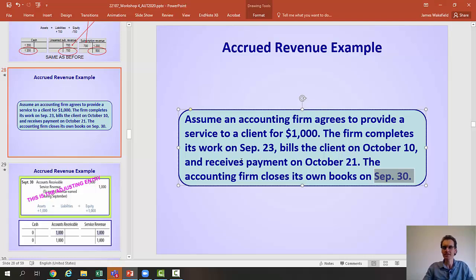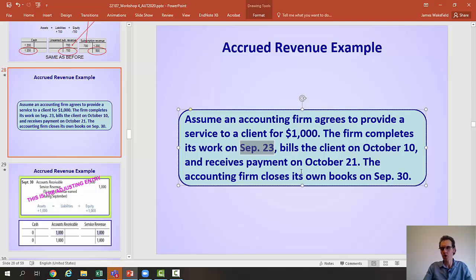So this business, of course, has earned the revenue on September 23. The client is then billed on October 10. That makes no difference as to when we recognize the revenue, and they receive payment on October 21, which is nice because the business receives some money. But again, the business doesn't earn the revenue then. It earns it when it actually does the work.